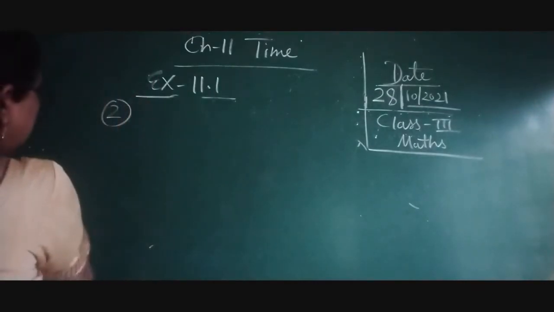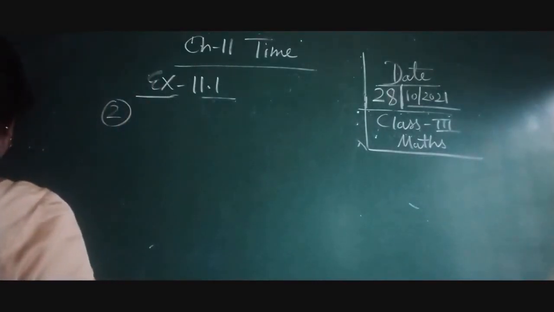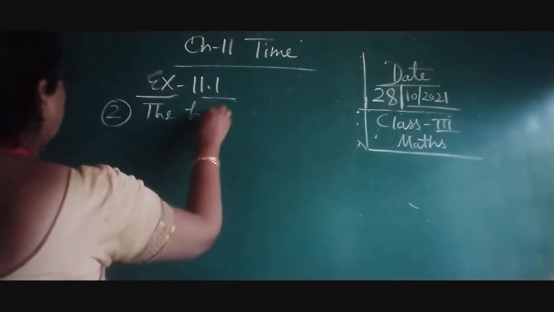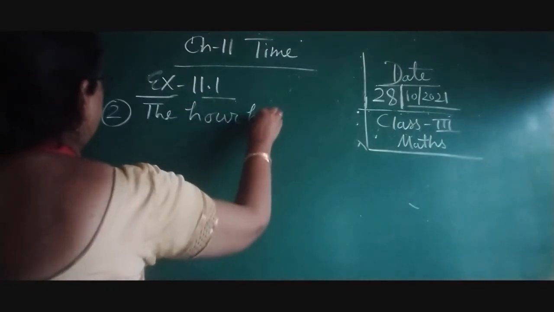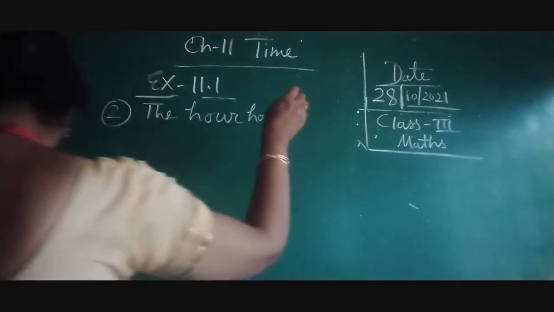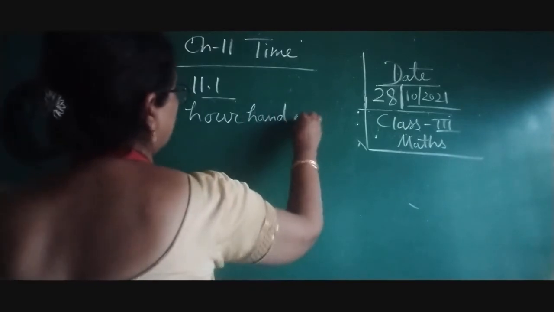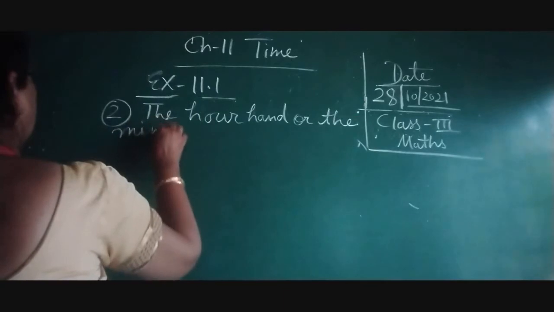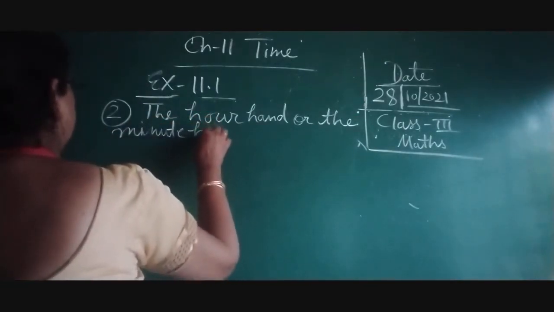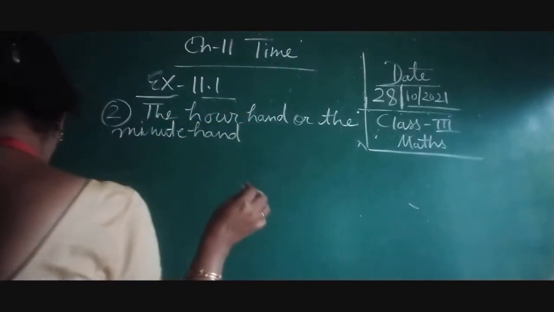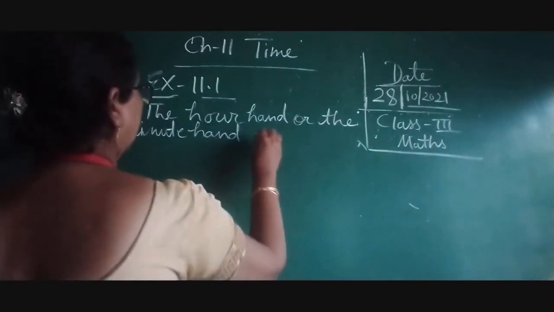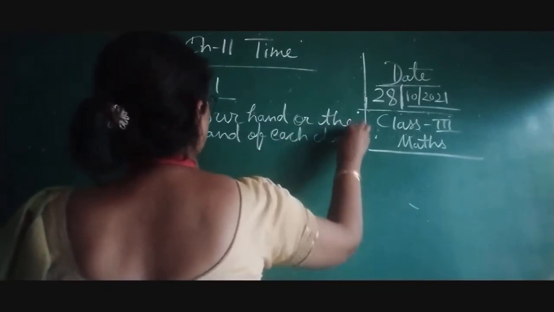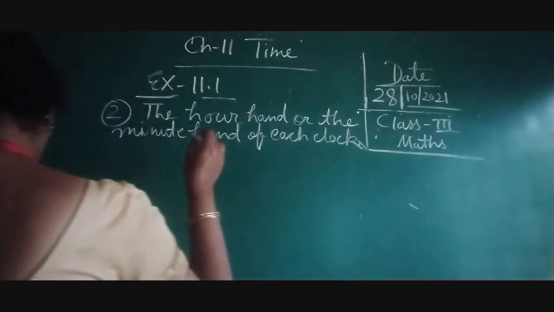The second exercise is: the hour hand or the minute hand of each clock has fallen off.